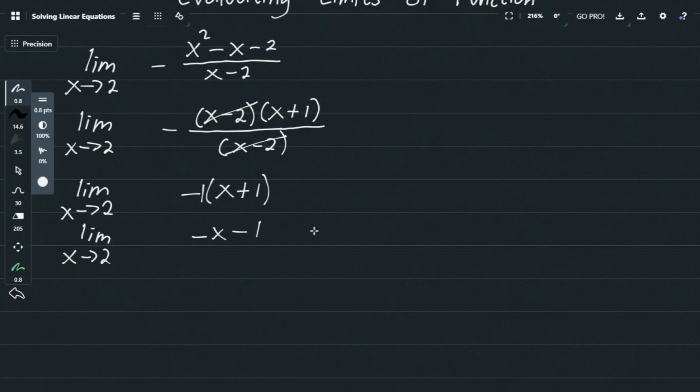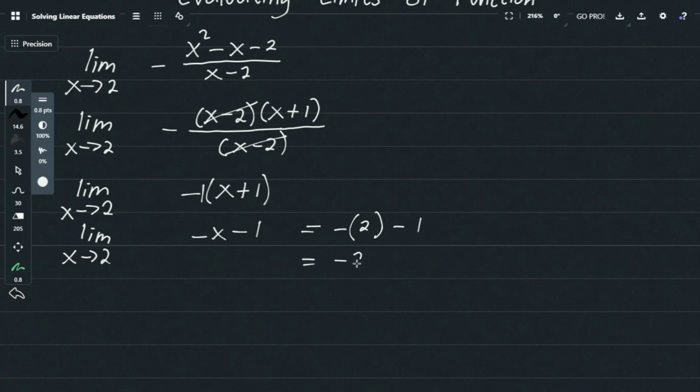Right? So you can use the substitution property. So the value of x is just equal to 2. So you have to substitute the variable x by 2. So the value of x is 2. So we're just going to substitute, minus 2, then minus 1.